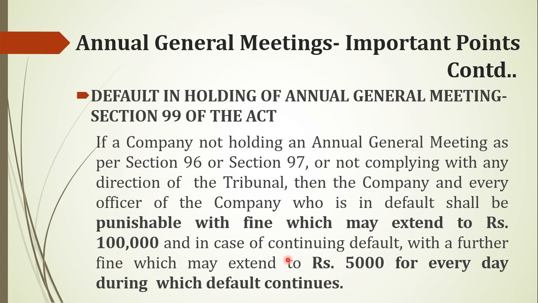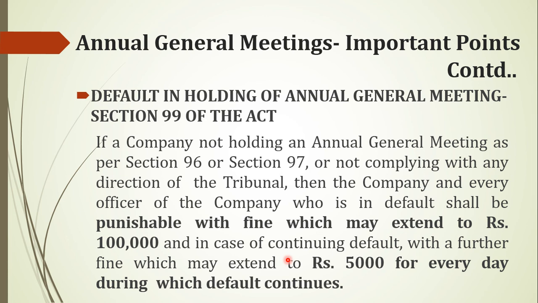So apart from section 96, section 129 deals with a certain portion of the AGM, that a financial statement has to be laid down in the AGM by the board of directors. Then section 102 defines what all the businesses are that are to be transacted in the AGM.